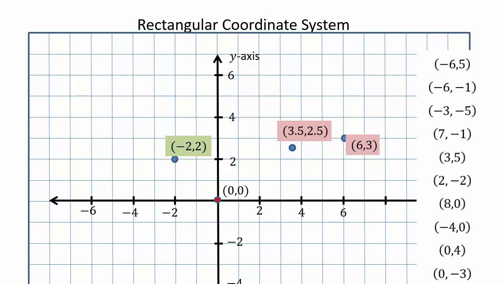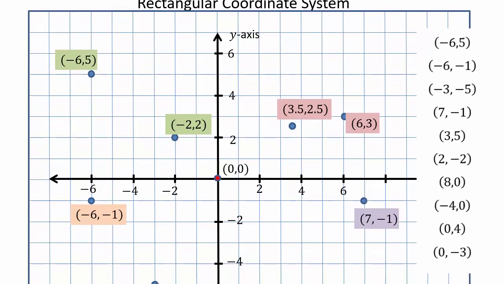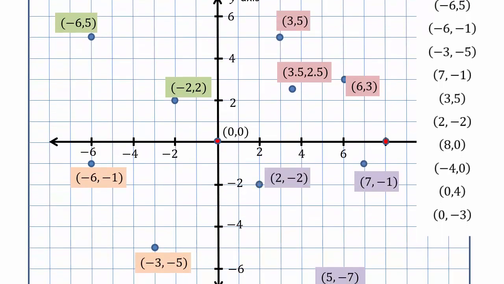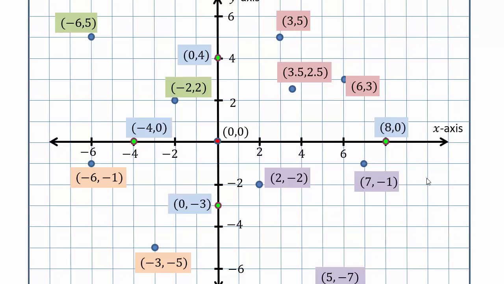See if you match the coordinates that we have here. Did you get them all right? Otherwise, make sure you understand how to navigate. For example, (-6, 5), which is the point right here: -6 on the x, and up 5 for y.